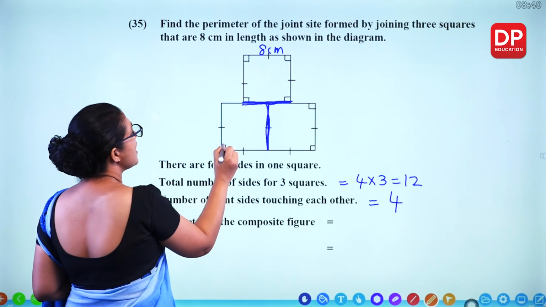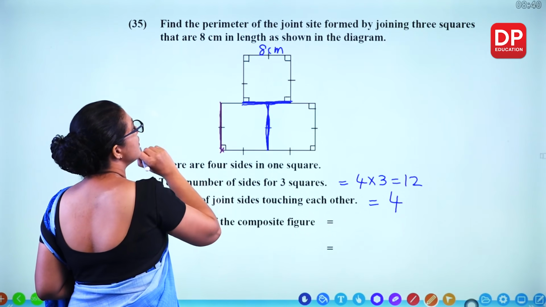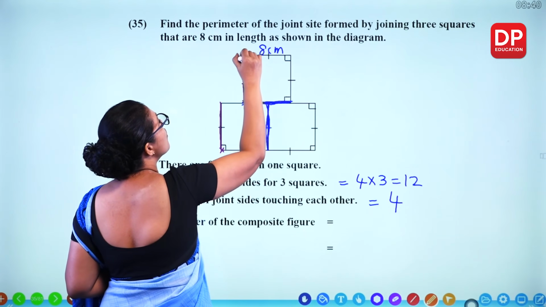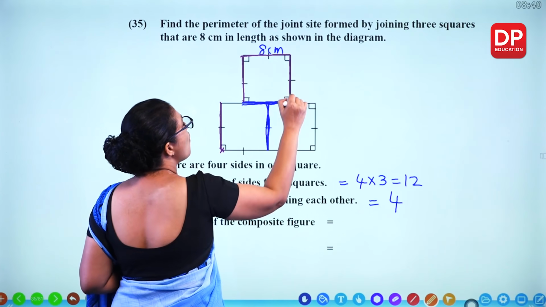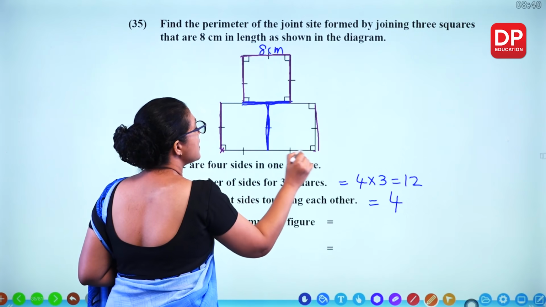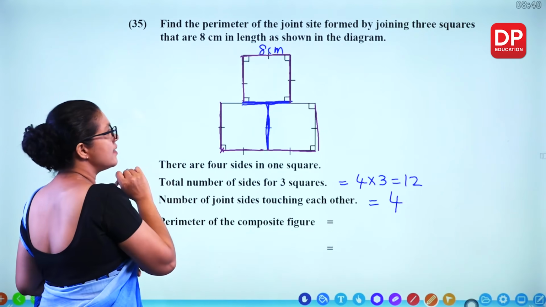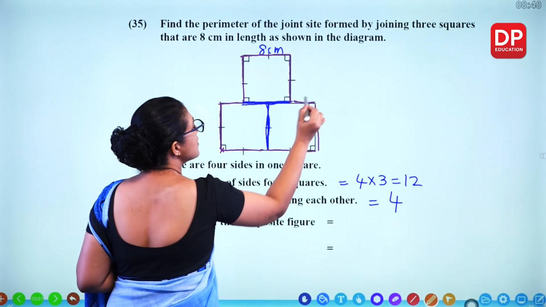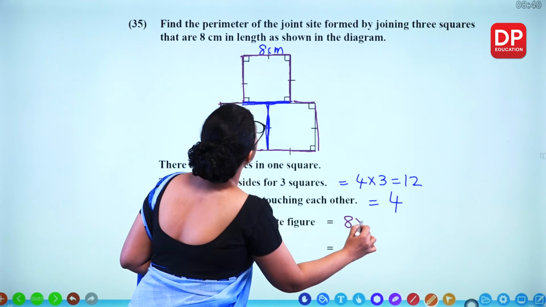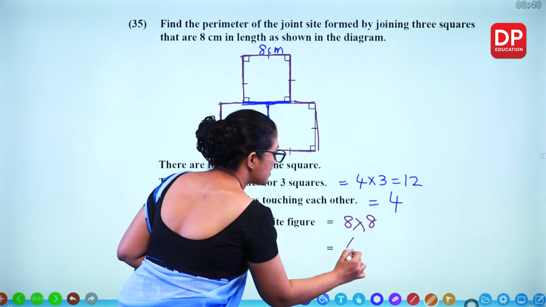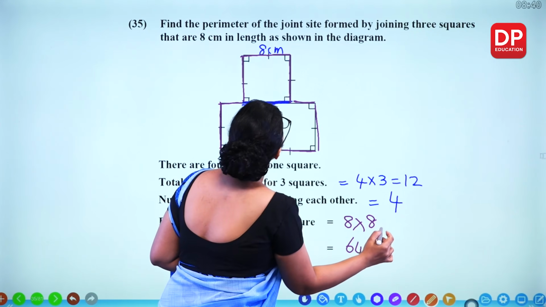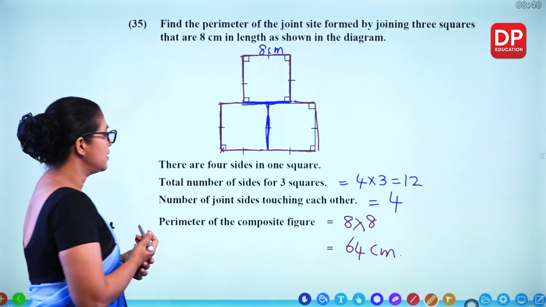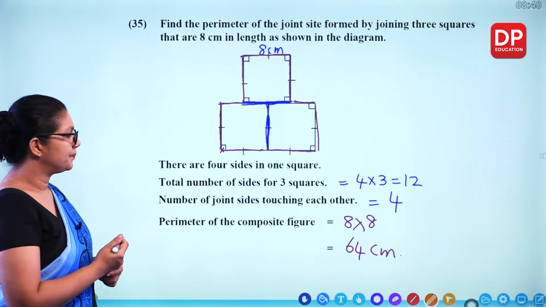How many 8s are there? 1, 2, 3, 4, 5, 6, 7. And this half, 8. So we can say 8 times 8, 64 centimeters is the perimeter of the combined figure.